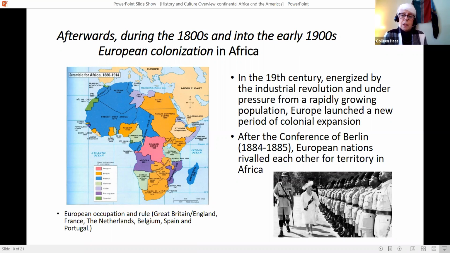It is kind of an interesting move in European history, the audacity to think that they could do this, but they actually did.